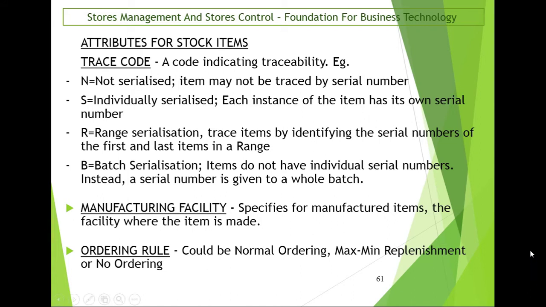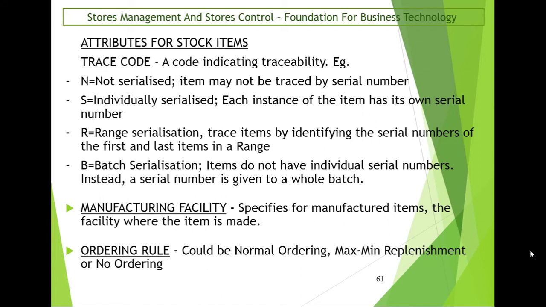So remember, we are still describing the different attributes of an individual stock item. So if this item is a manufactured item, we also need to specify the manufacturing facility where that item is made in your organization. Then we also specify the ordering rule.